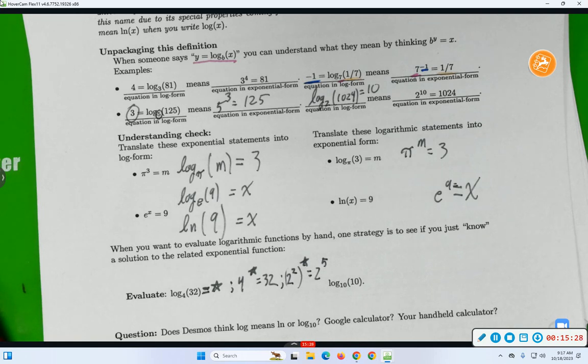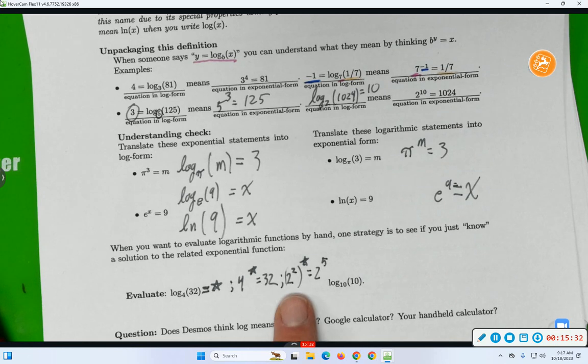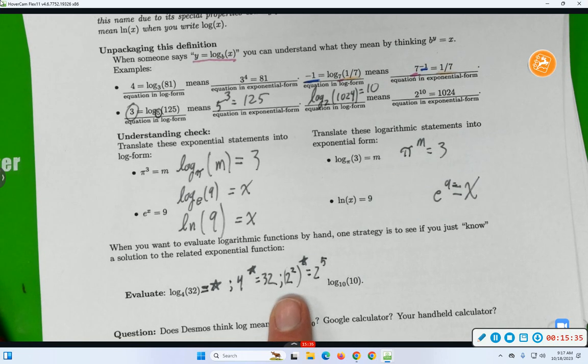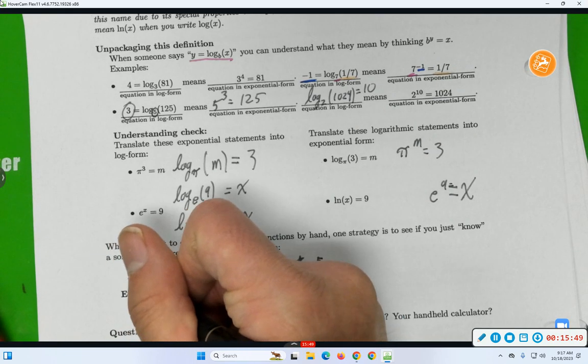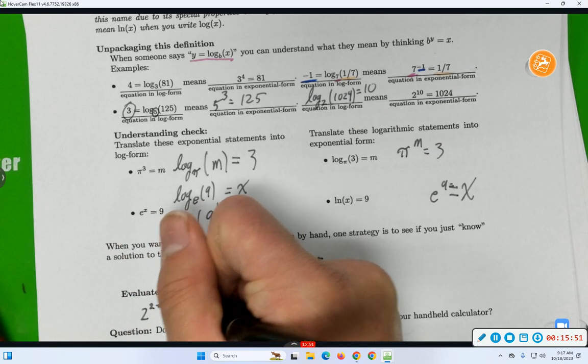Yeah, once we can get everything to have the same base, we can cancel the bases. This doesn't quite have the same base as the other side yet, but what's 2 squared to the power star? What happens when you exponentiate twice? Yeah, you multiply the exponents. 2 to the 2 star equals 2 to the 5th.